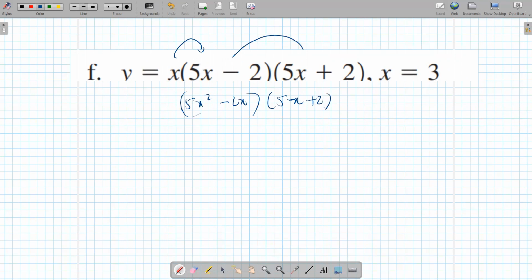You can also throw this in with this by using a difference of squares. That might actually be even easier. If you use a difference of squares, what do you get between this one and this one? You see it's in the right form. It's a minus b, a plus b.